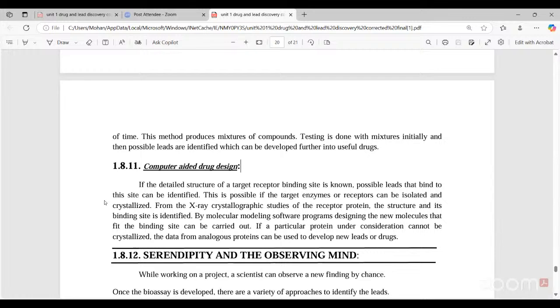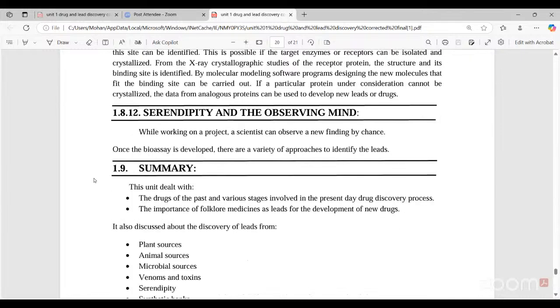This is possible if the target enzyme or receptor can be isolated and purified. By X-ray crystallographic studies, the structure and the binding site are identified. By molecular modeling software programs, designing a new molecule that fits in the binding site can be carried out. If a particular protein under consideration cannot be crystallized, the data from analog proteins can be used to develop new leads or drugs.